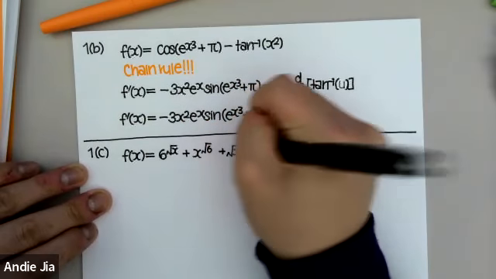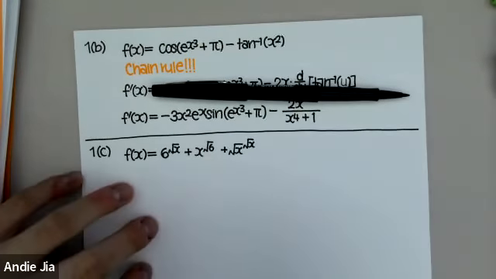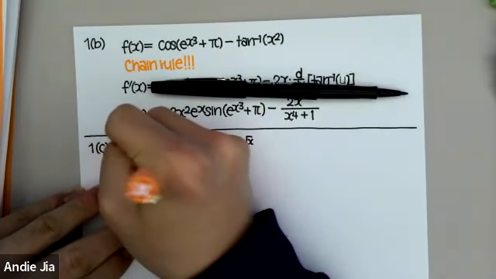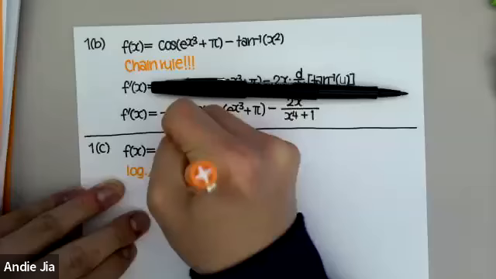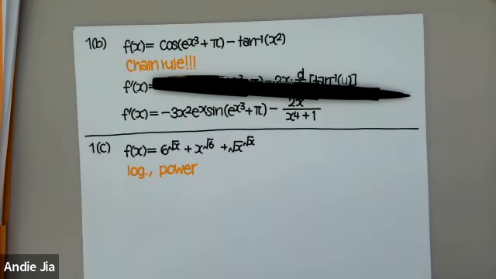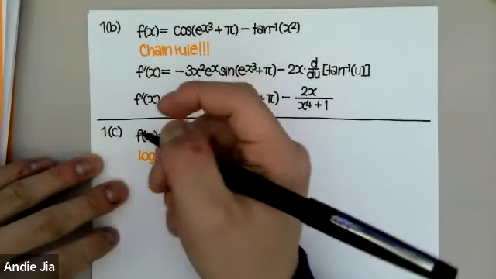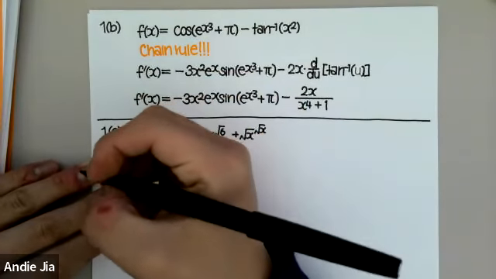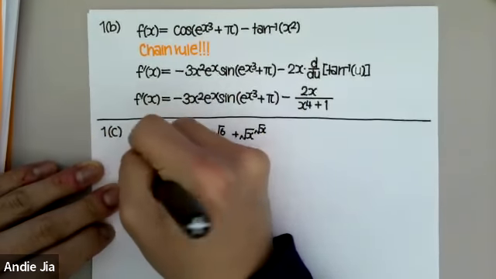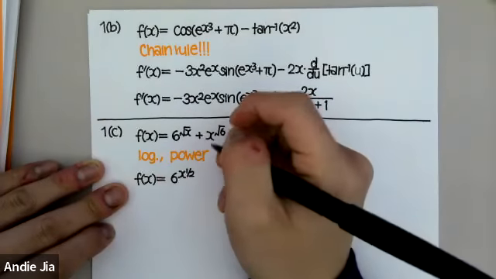Then the rule is a logarithm and the power rule. Just rewrite them so it is easier. I write them in exponent form. It's easier for me to take the derivative.